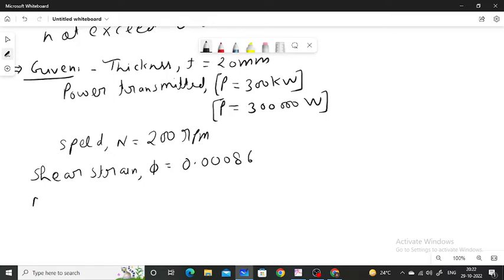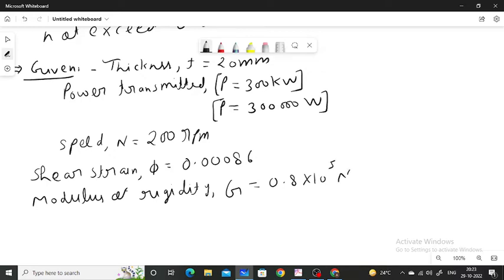Modulus of rigidity G is equal to 0.8 into 10 to the power 5 Newton per mm square.